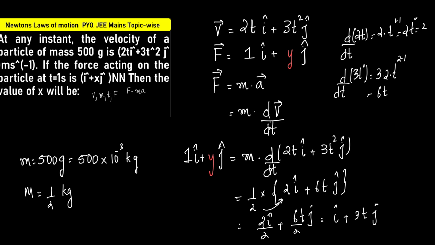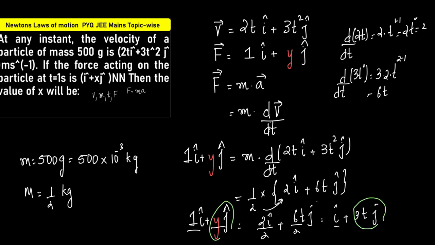Now what is this equal to? This is equal to 1i plus yj cap. So 1i is equal to i, yj is equal to 3tj.